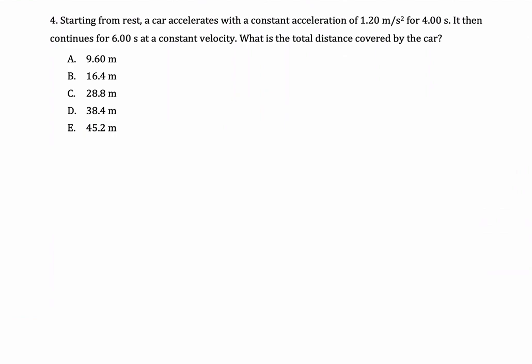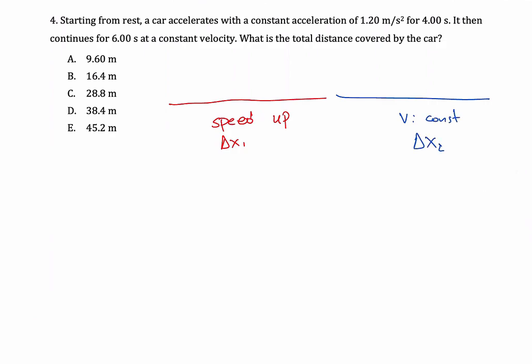So we have two motions, one motion with acceleration, so there is a delta x for the first motion, and then another motion with constant velocity. The v is constant, and there will be a second distance.